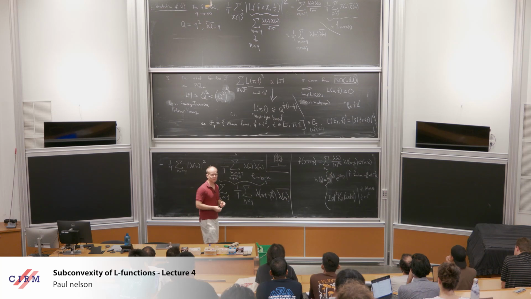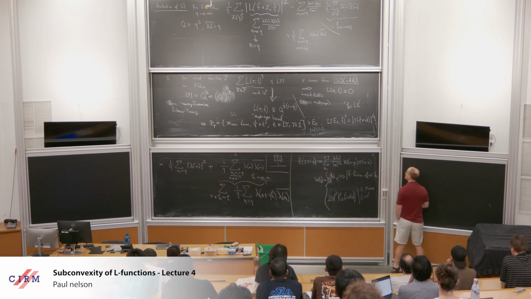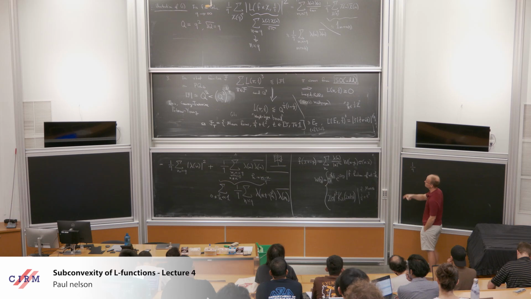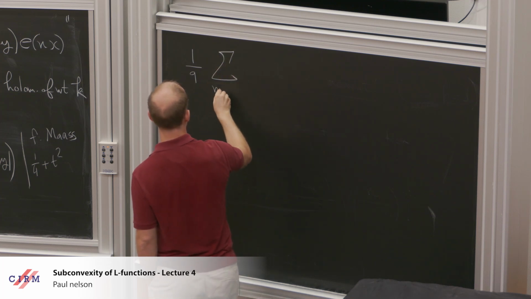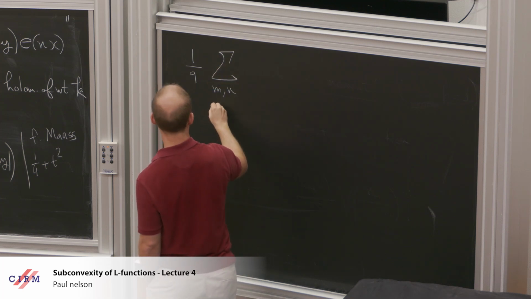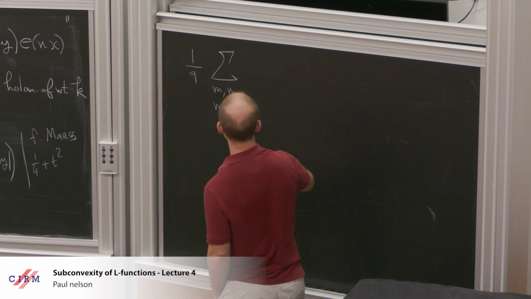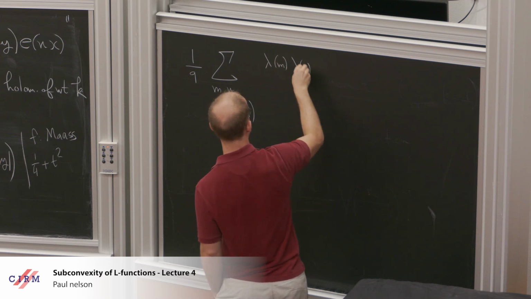Let's go back to that top expression on the board up there. I'll write it again so we don't have this long equality again. Let's imagine that we were actually interested in a sum over m and n as above, with m congruent to n modulo q. And then I'll continue to write down the thing we had above, lambda of m, lambda of n bar.